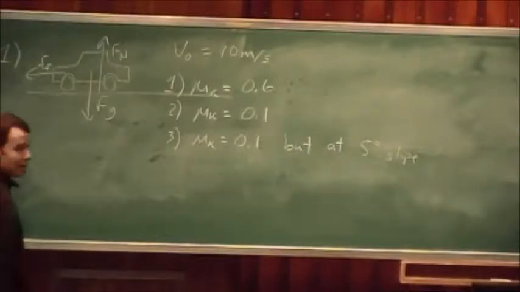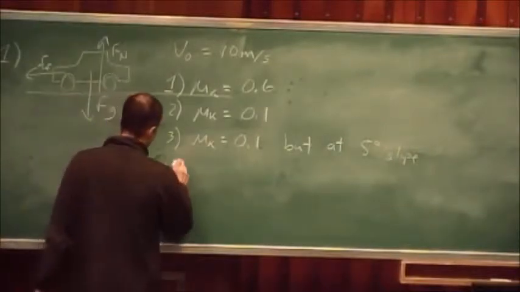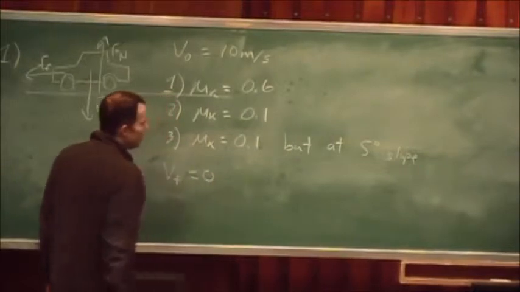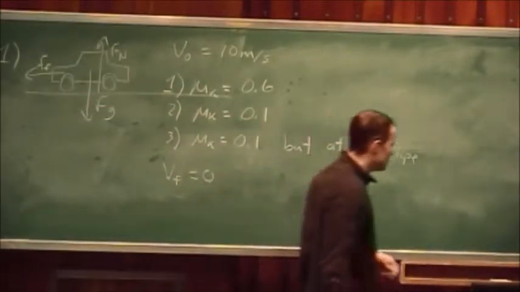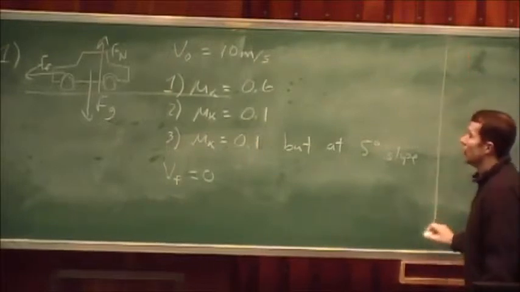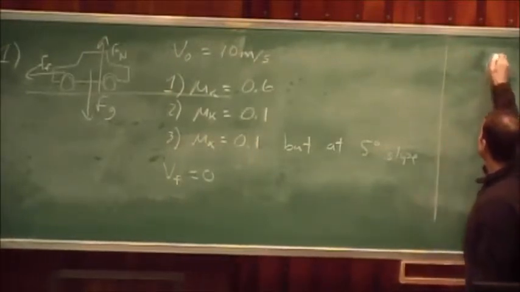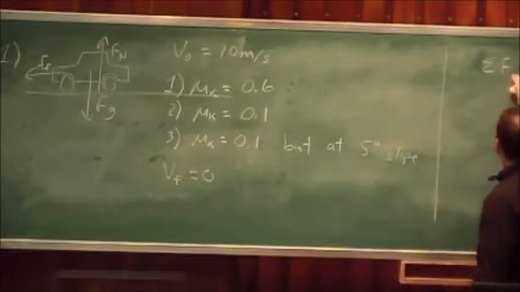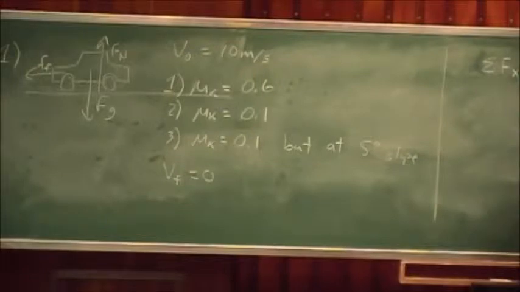So what's the final velocity? V final is equal to 0. Okay, so now we're going to need to find the sum of the forces in the x direction, which is equal to Ff, which is equal to max.